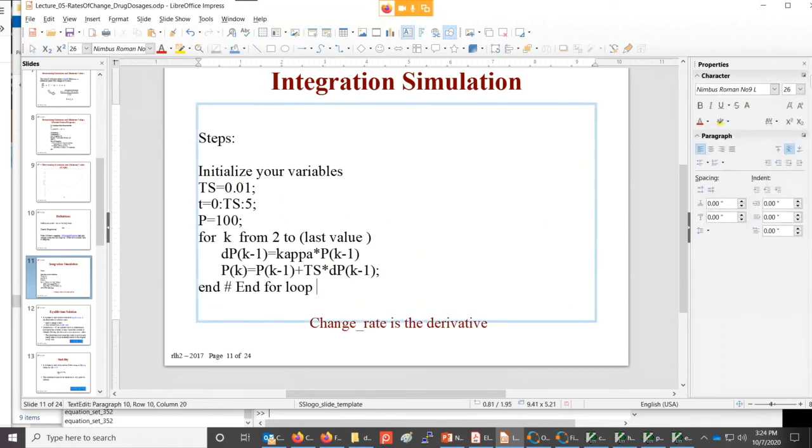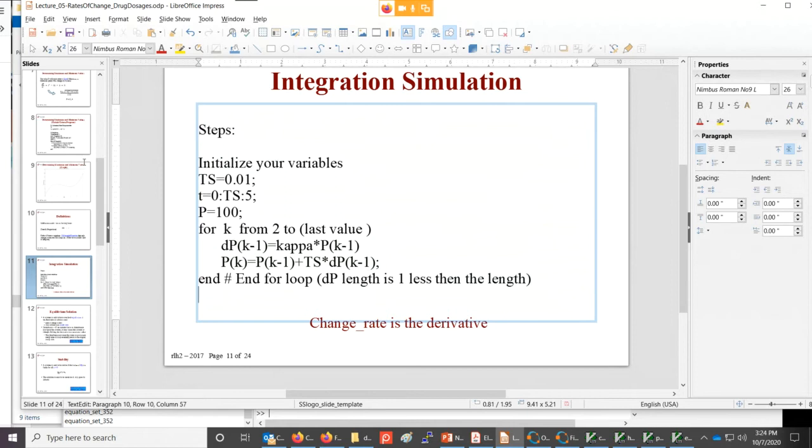So again, just one note here, dp in this example, dp's length is one less than the length of t. Okay, the way I did this in this example. This would work, but when you try to plot it, you remember you have to kind of just plot your t value.